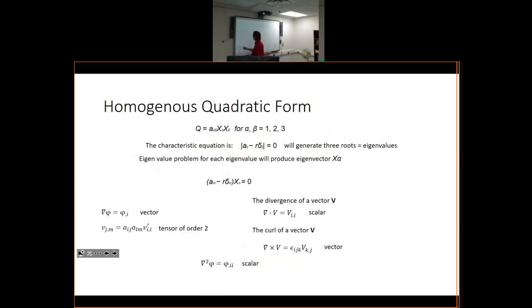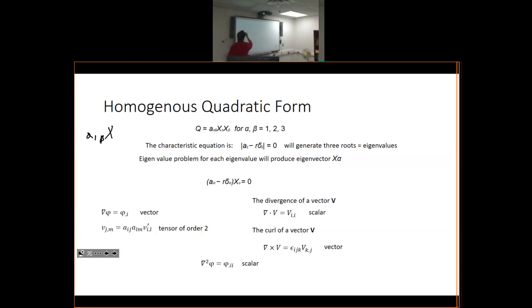Okay, so now it's very important to know that if you have any term that you express like x alpha x beta multiplied by a alpha beta, for alpha, beta 1, 2, 3, then you will produce the so-called homogeneous quadratic form of the equation, where again you have two dummy variables. So you can see that this would be a 1 beta x.